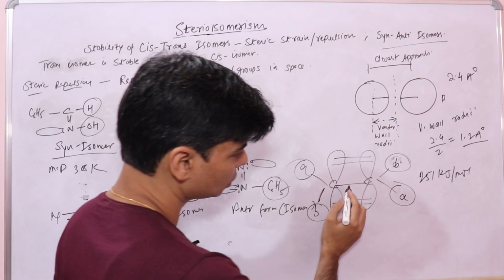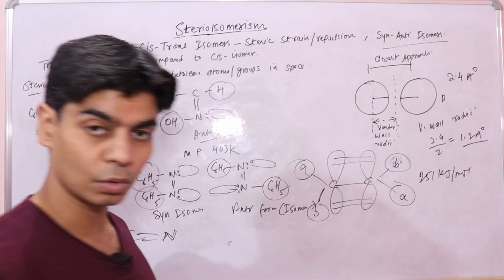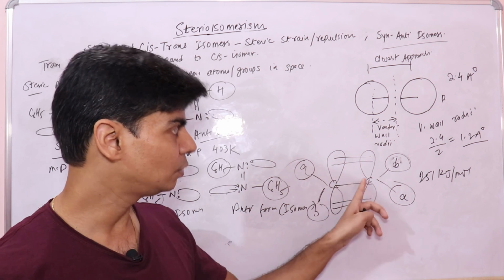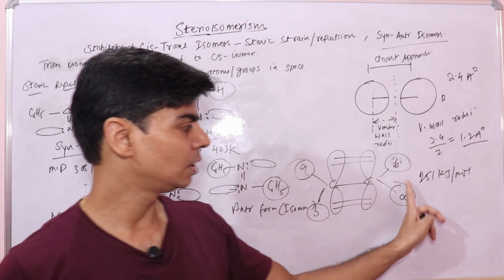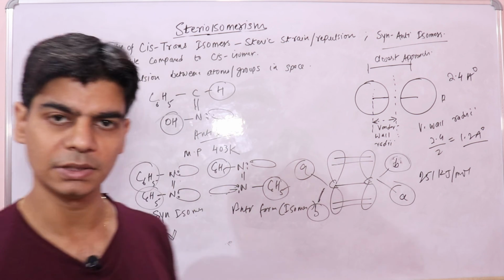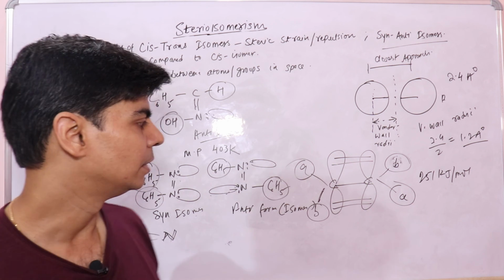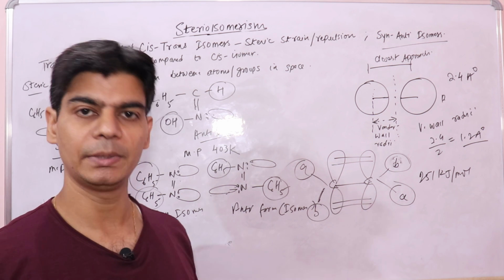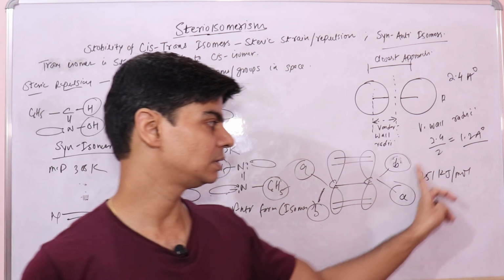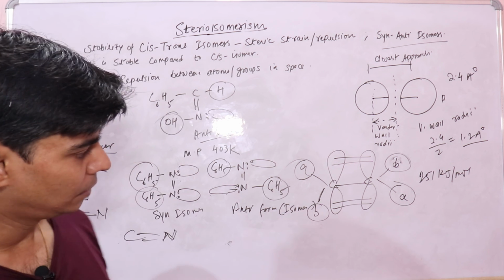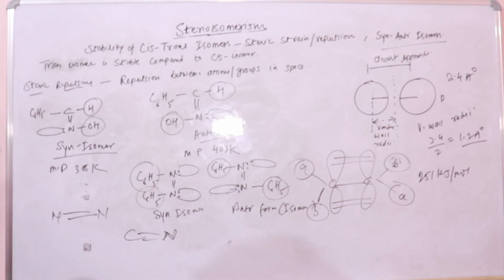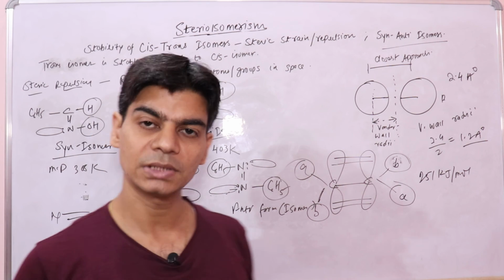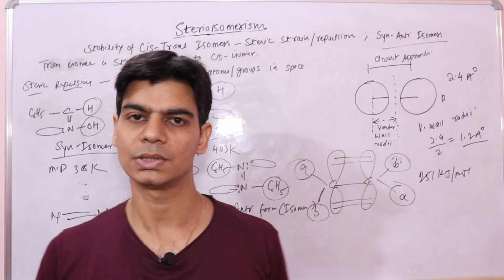In the trans isomer also, there is restricted rotation around the carbon-carbon double bond due to the presence of the pi bond, because in order to break the pi bond you need to give 251 kilojoules of energy, which is not normally available. So these isomers are stable under normal conditions. I hope this is clear, right? From the next video lecture we will start optical isomerism. Thanks.